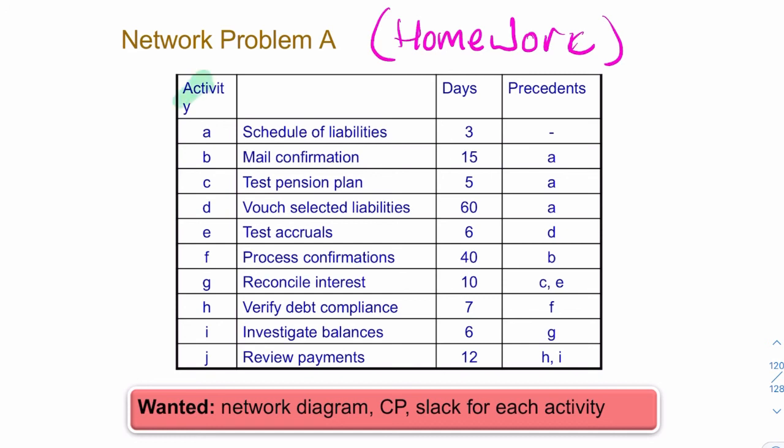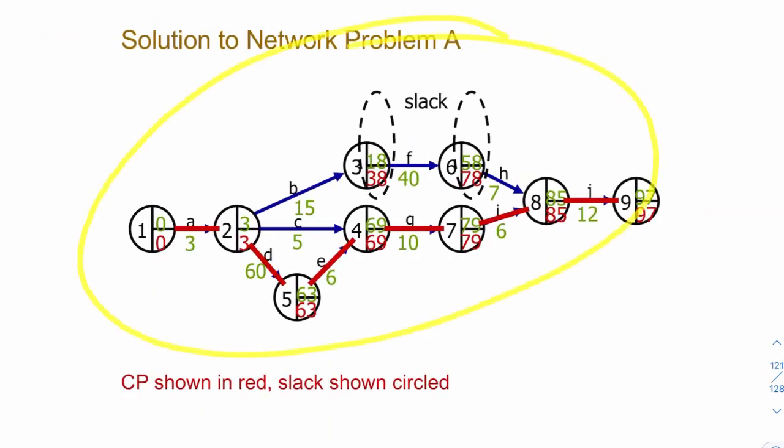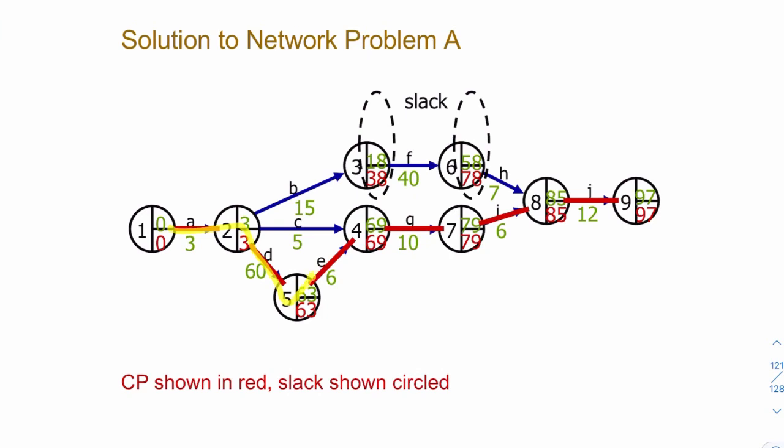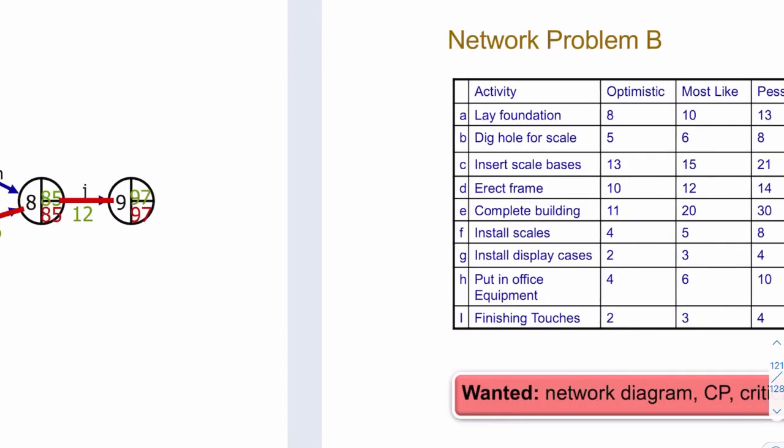So think of how you'd use an activity, precedent and duration to create a network diagram, find the critical path and the slack for each activity. It's really straightforward. If you ever get stuck, the solutions are here. And I can show you how we got there, but it's really straightforward. So that in red, that's your critical path, and the slack is identified there.